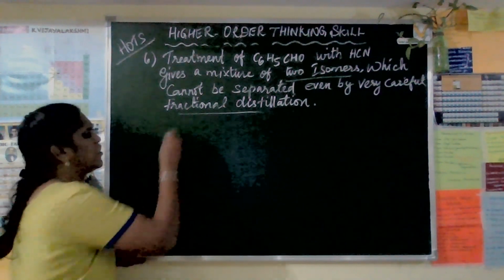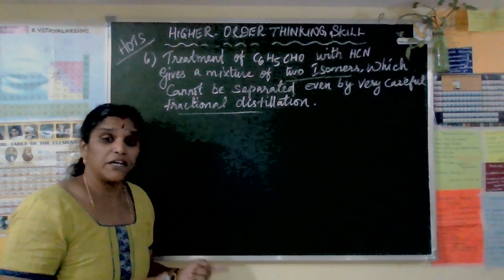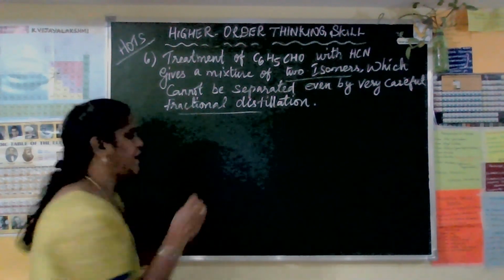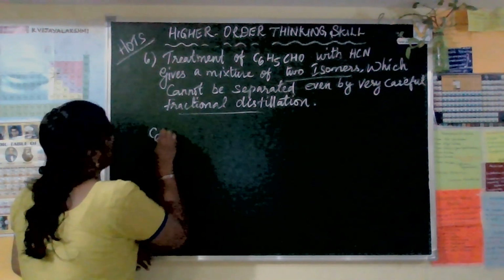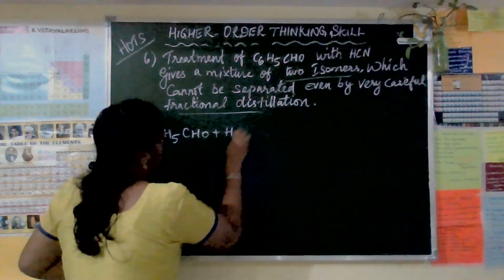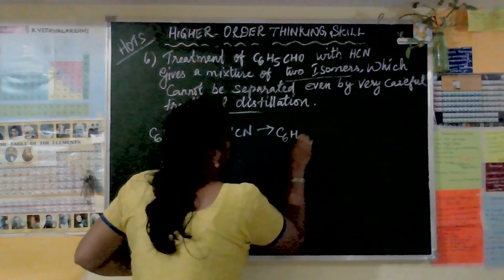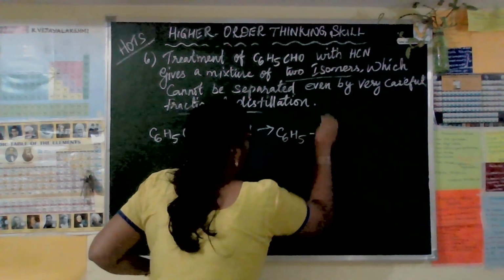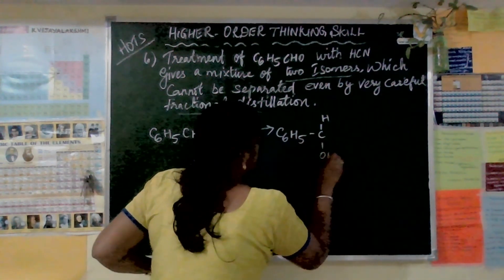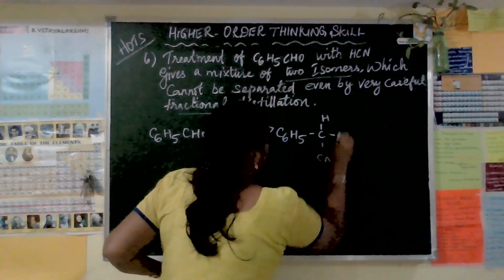They are asking. Okay, now benzaldehyde reacts with HCN. You are getting benzaldehyde cyanohydrin. That's all. C6H5CHO combined with HCN, you are getting C6H5 C with hydrogen, here OH, here CN.